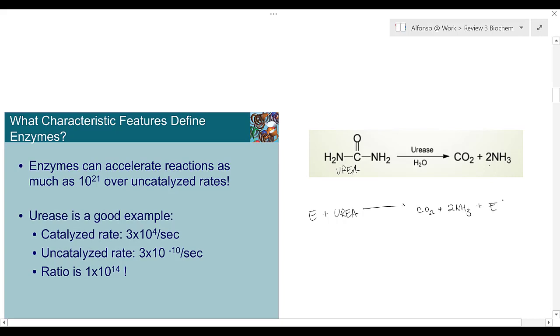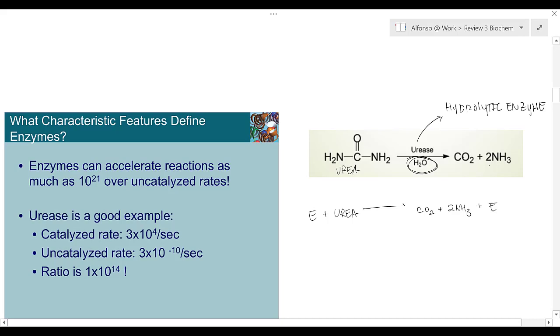If you'll see here, urease requires water. This urease right here requires water, but not all enzymes require water, which is what makes urease a hydrolytic enzyme, which uses water to cleave urea into carbon dioxide and ammonia.